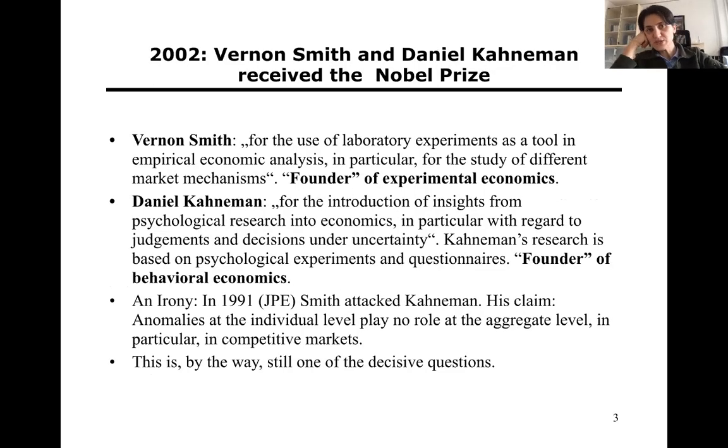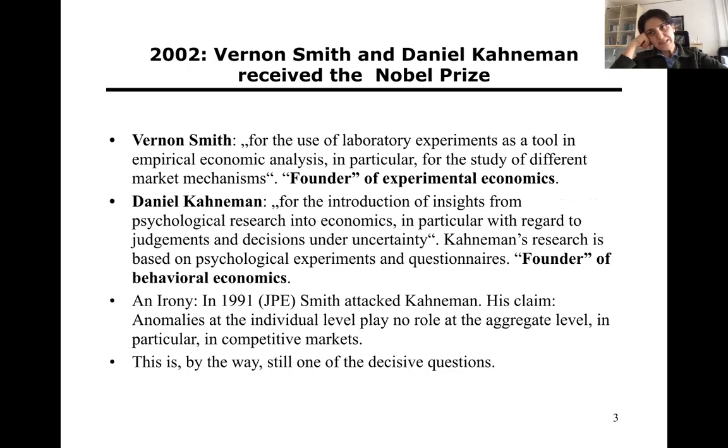So in 2002, Vernon Smith and Daniel Kahneman received the Nobel Prize. Vernon Smith got the Nobel Prize for the use of laboratory experiments as a tool in empirical economic analysis, in particular for the study of different market mechanisms. He is the founder of experimental economics.